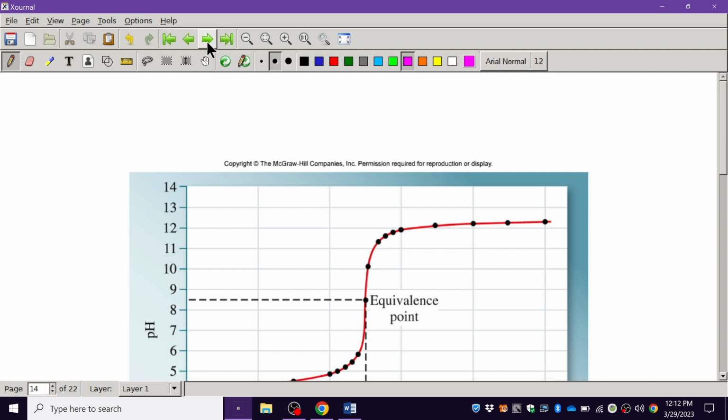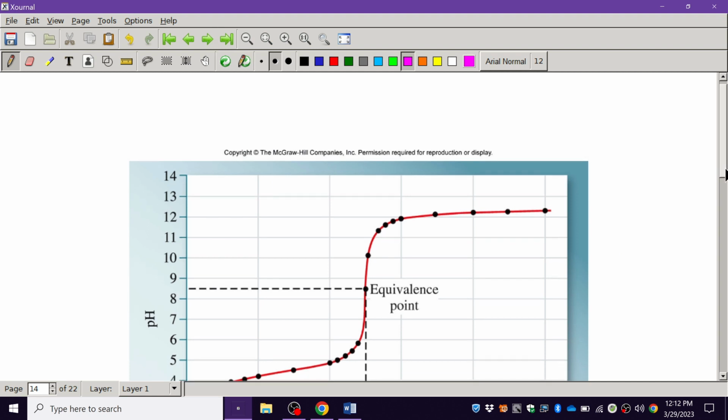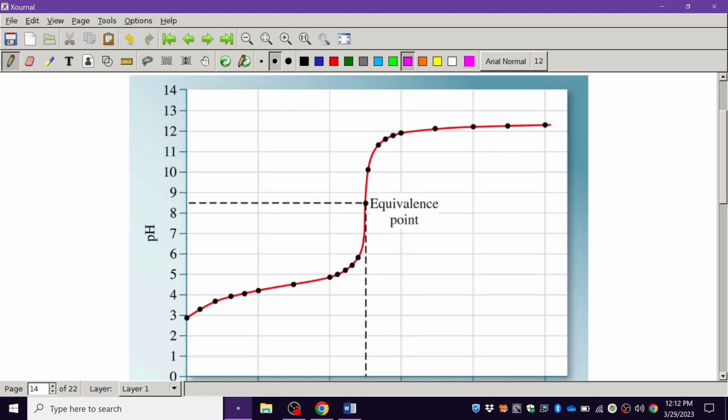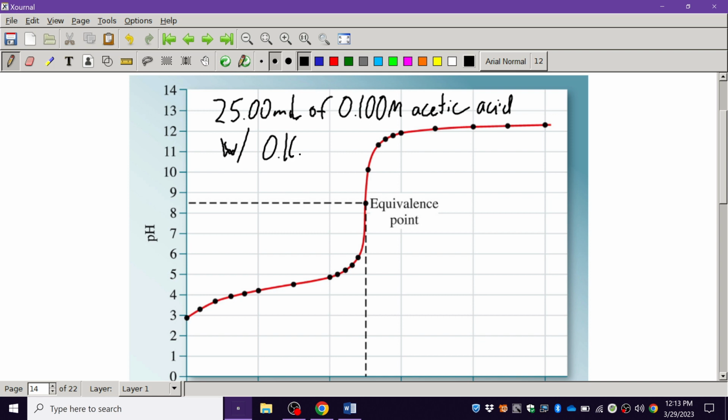Now we can look at it in the same light. And actually, this was computer generated given the Ka and Kb values for acetic acid. But just like with the previous example, what we're doing here is we're titrating 25 milliliters of 0.100 molar acetic acid with 0.100 molar NaOH.